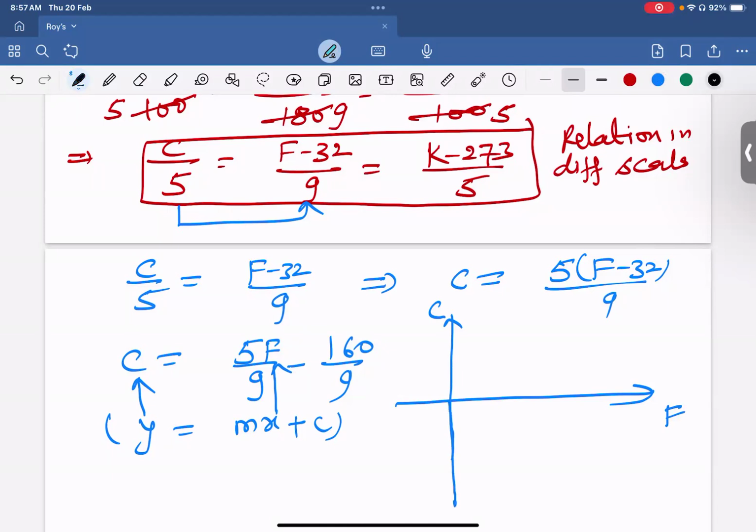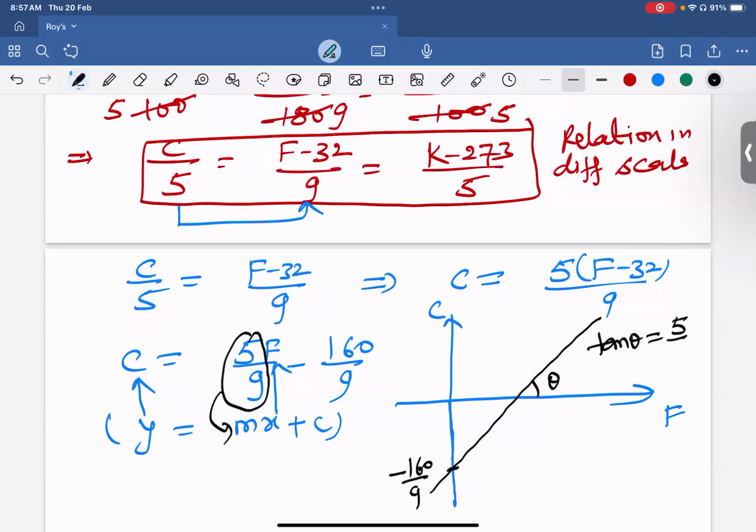So it will strike like this. This type of graph you will get. This is the intercept, that is negative minus 160 by 9, whereas the slope of the graph is positive and the slope is equal to 5 by 9. That is the slope. So slope means always you use tan theta, that is equal to 5 by 9.